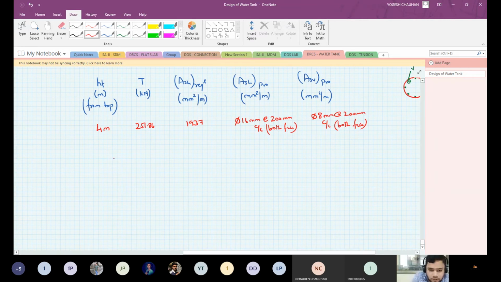Then 3 meter from the top. So at 3 meter, you can find the tension based on the formula.